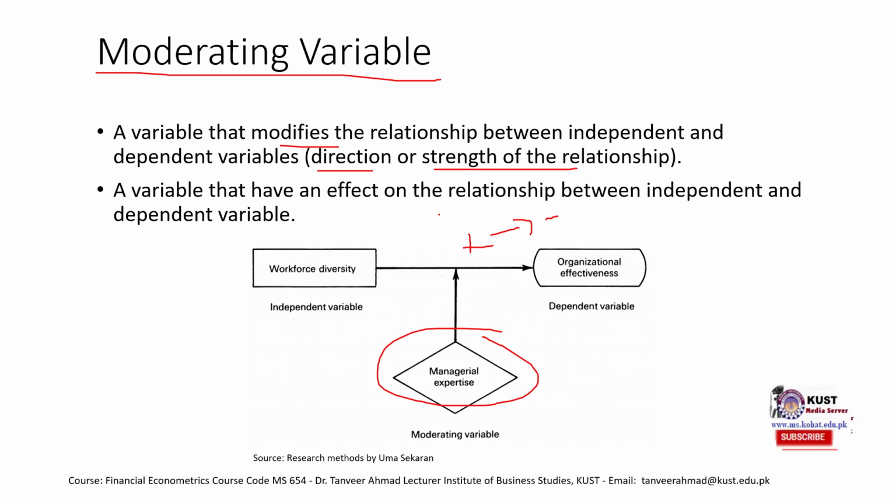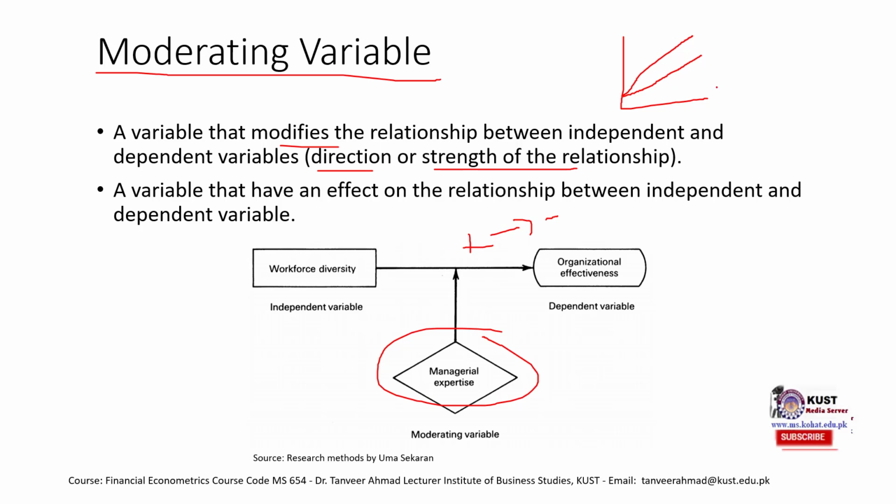And in this particular example, there was a change in direction. It is not necessarily that this moderating variable would always change the direction. It can also strengthen or decrease the strength of the relationship. For example, if we have this kind of fitted line, and if we introduce a moderating variable, it can decrease the slope of the relationship.